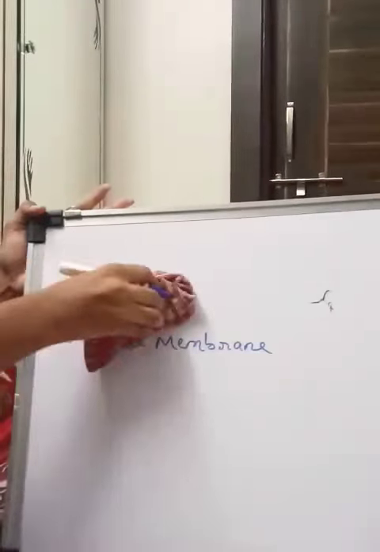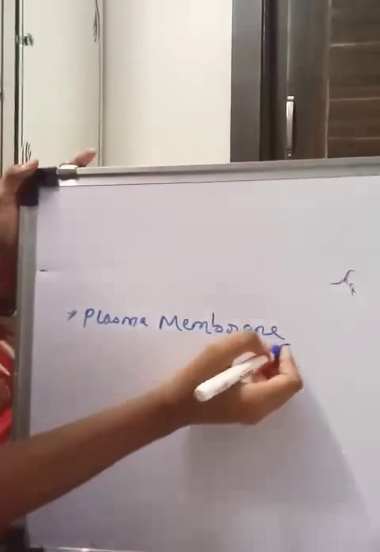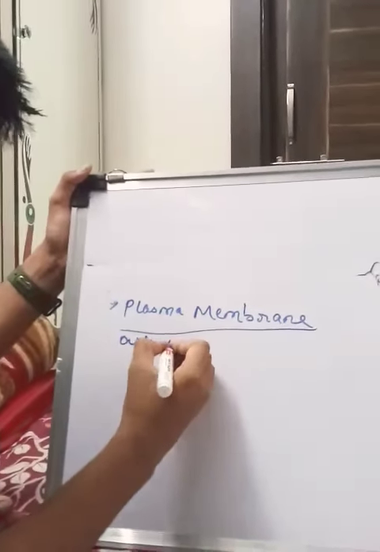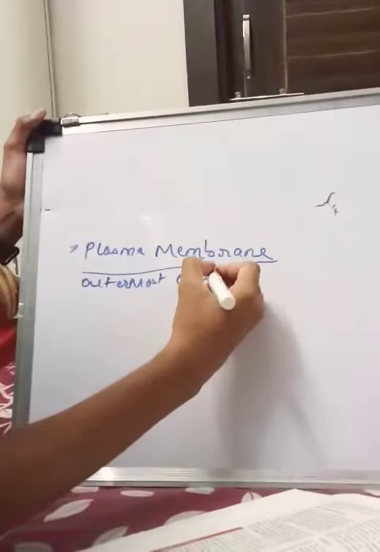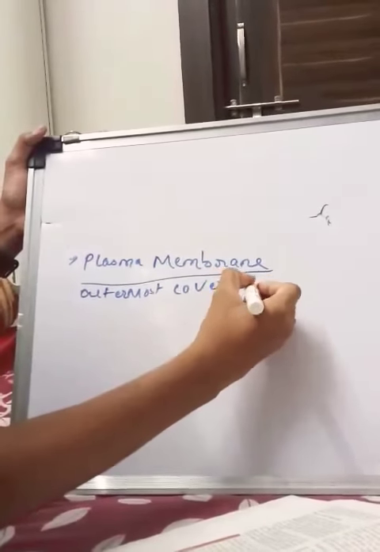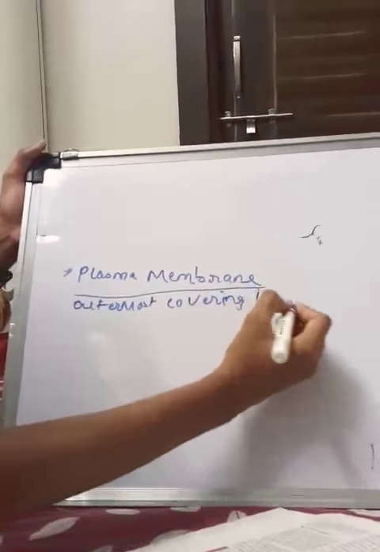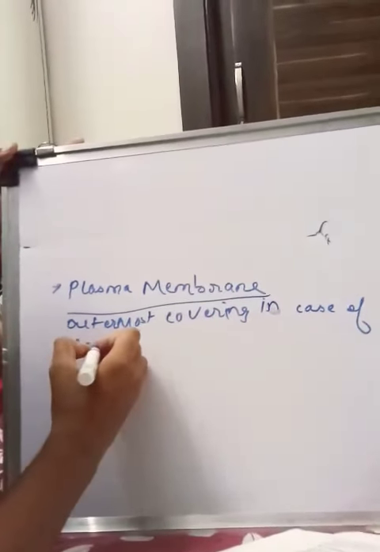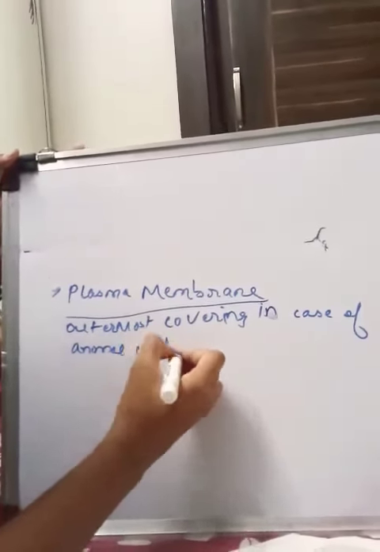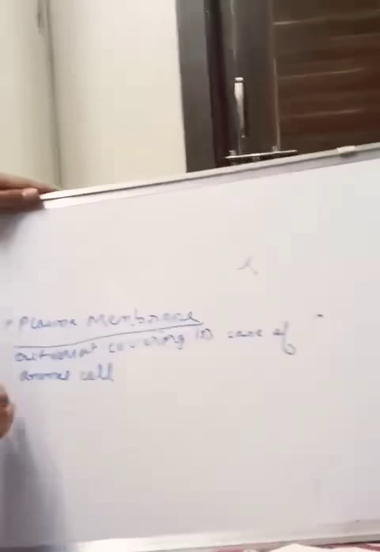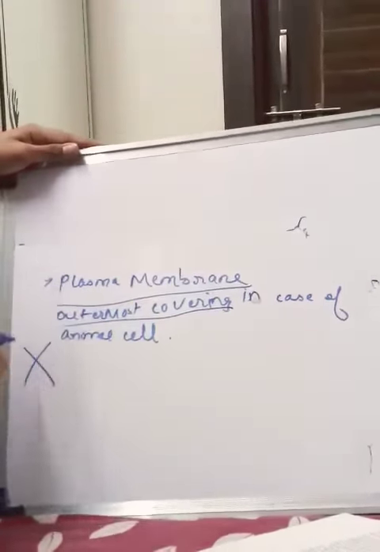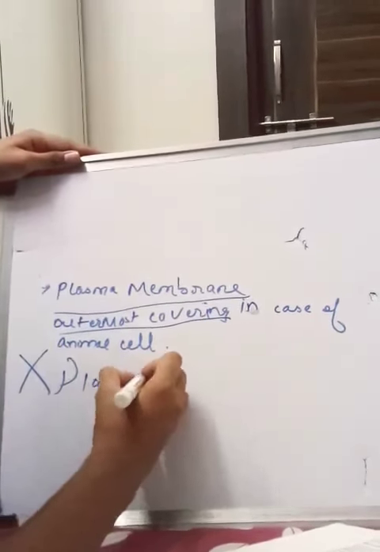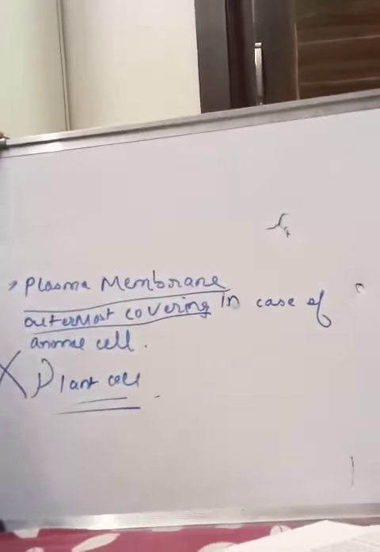Let's discuss the plasma membrane. What is the plasma membrane? It is the outermost covering in the case of an animal cell. But it is not the outermost covering in the case of a plant cell, because they have an addition to it, that is the cell wall.